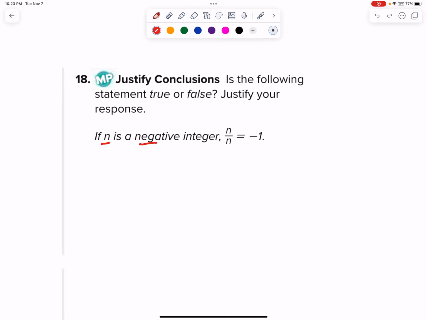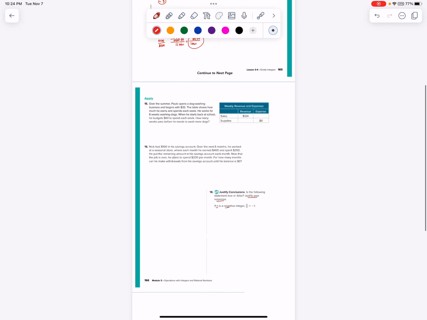I want you to think about your rules with dividing integers and tell me what your thoughts are. Is that possible or false? And just justify your response, meaning just explain it in some way. Okay, so don't forget to do number 18.